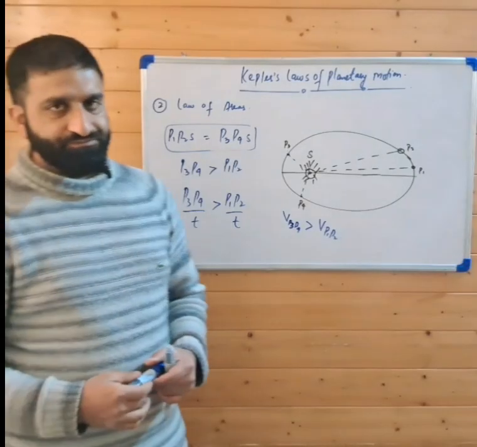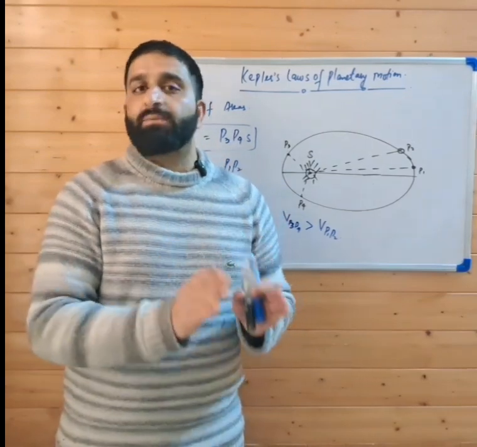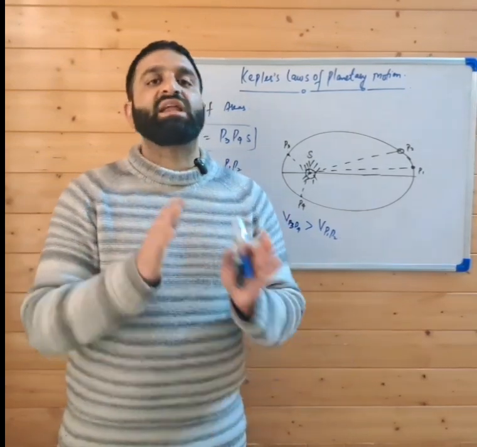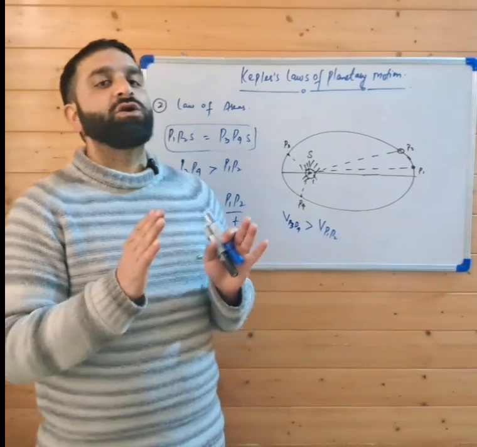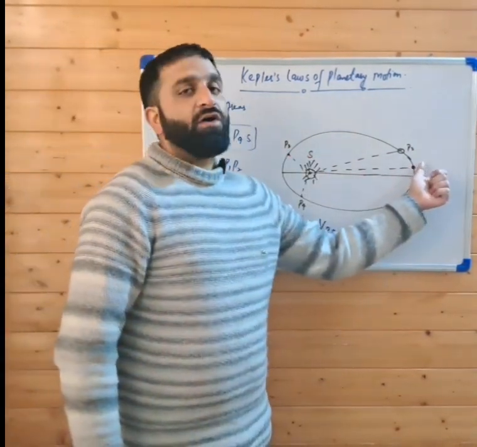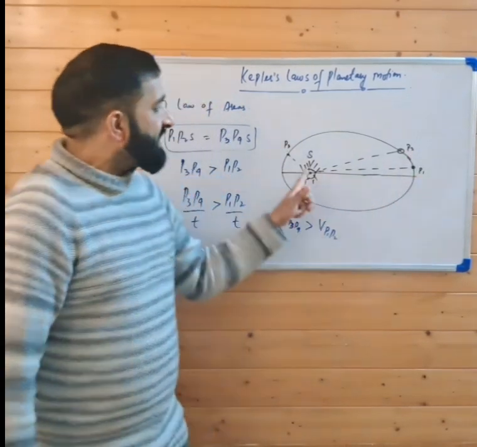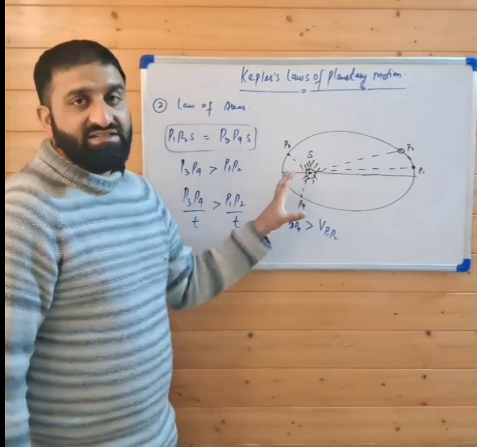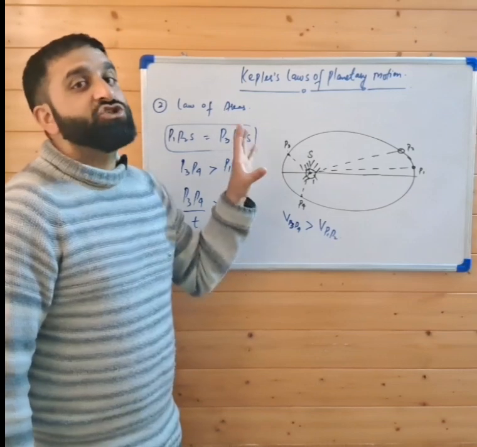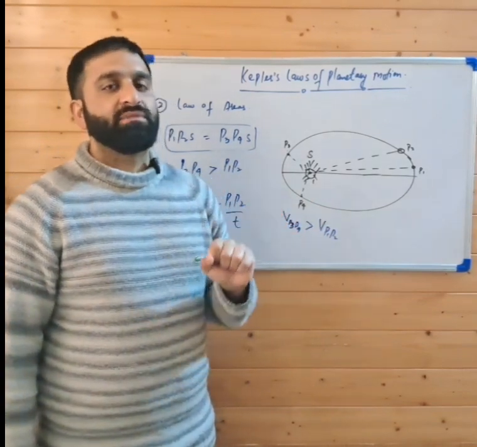That means in order for the areas swept to be the same in the same time, the linear velocities of the planet need to be different. When the planet is far from the sun, its linear velocity is less. When it is closer to the sun, its linear velocity is more, so that it sweeps the same area in the same time.